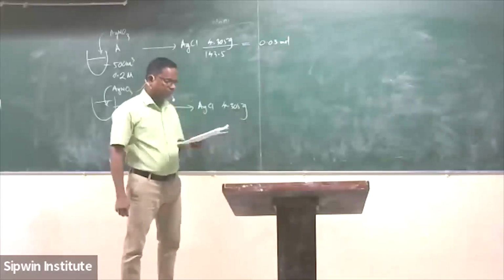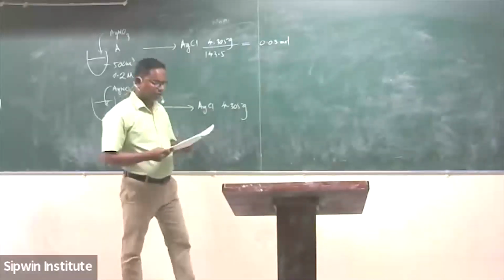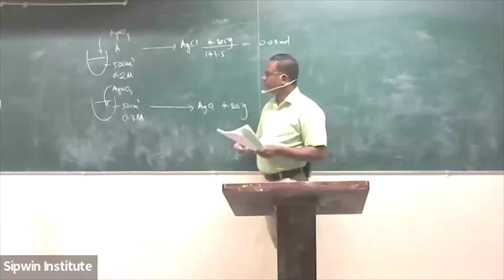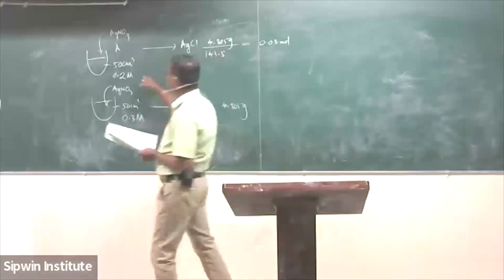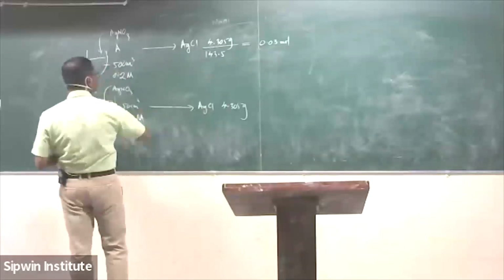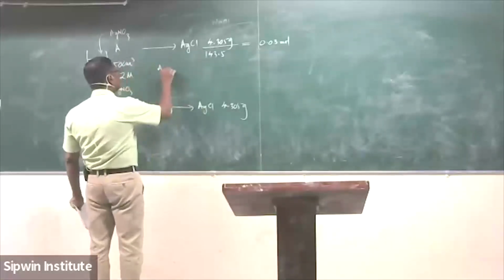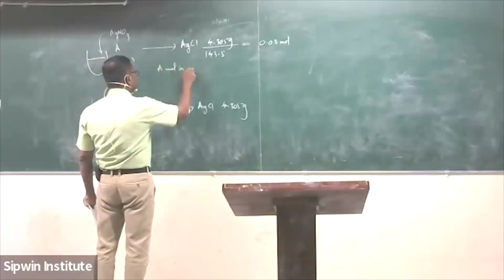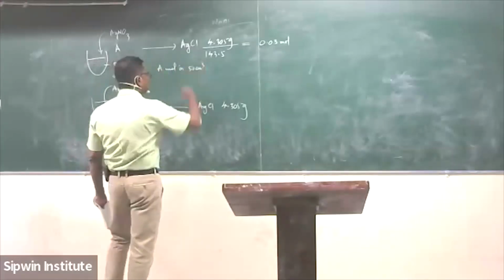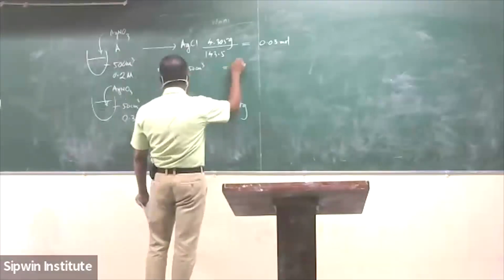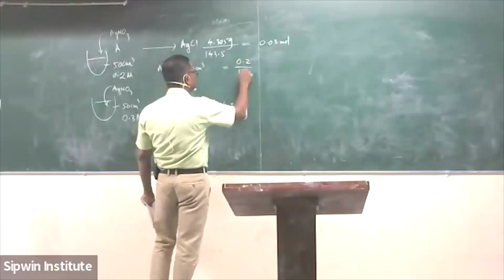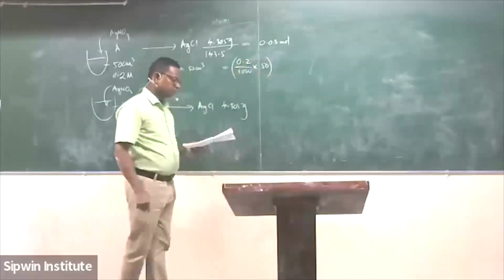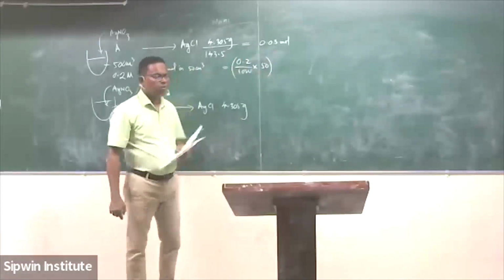Then consider the number of moles of A in 50 cubic centimeters: that is 0.2 times 50 over 1000, and there you get 0.01 moles.